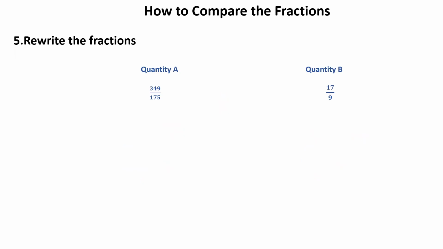Alright, let's see one more way to compare the fractions. So here quantity A has the fraction 349 over 175. Quantity B has the fraction 17 over 9. So what we can do here is rewrite the fraction. Now how to rewrite the fraction?